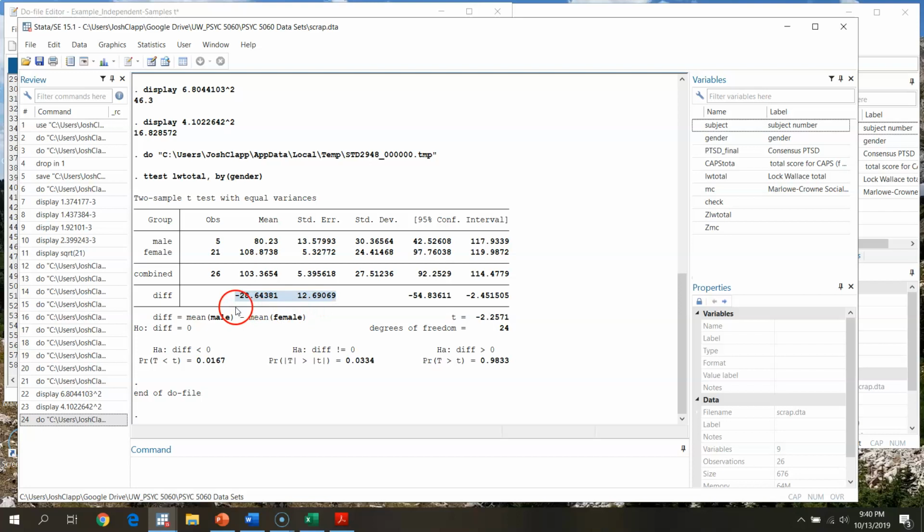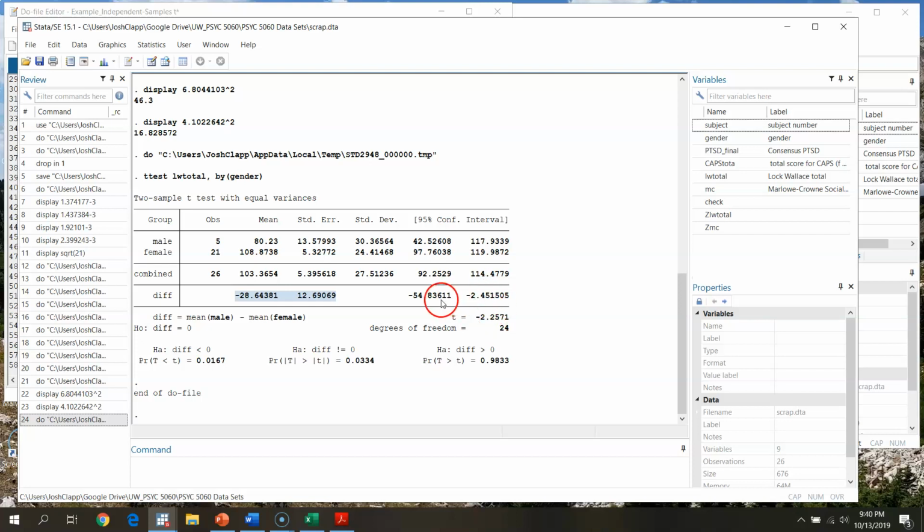So we've got a difference across men and women of 28.6 points, with women reporting higher levels of marital satisfaction than men. Here's the standard error for this difference. And so what I end up with is a 95% confidence interval for the difference in marital satisfaction in the population of men and women, ranging from an estimate of negative 54, a difference of 54 points lower in men, to an upper limit of only 2.5 points different in men.